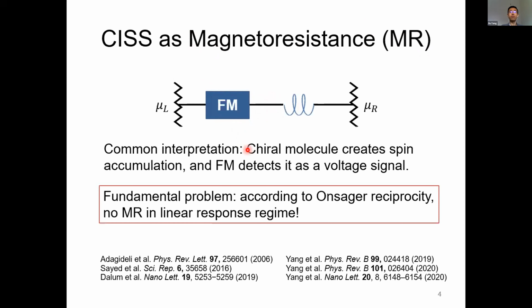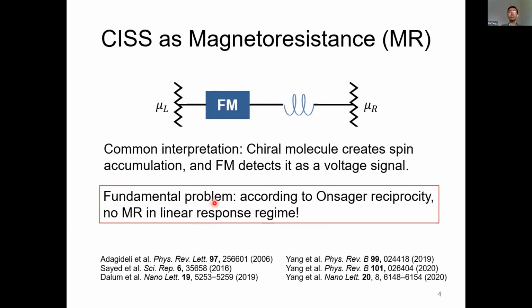However, there is a fundamental problem with this interpretation. It's that according to the Onsager reciprocity, this type of MR, particularly in this type of device, so two contacts, one ferromagnet, this type of MR cannot arise in the linear response regime.